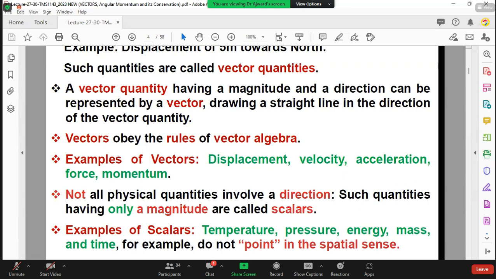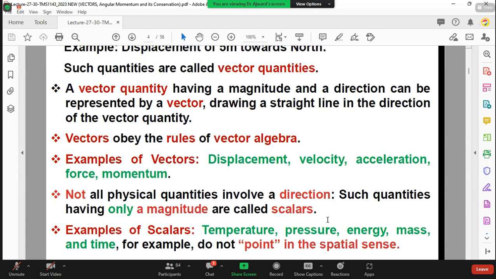They don't have a direction that they point in. For example, energy doesn't point at a certain direction, right? You know what is energy and you know what are the units of energy. You know the units of mass and what is mass and also time. They don't point. This word point is very important in the spatial sense, that is, in space.